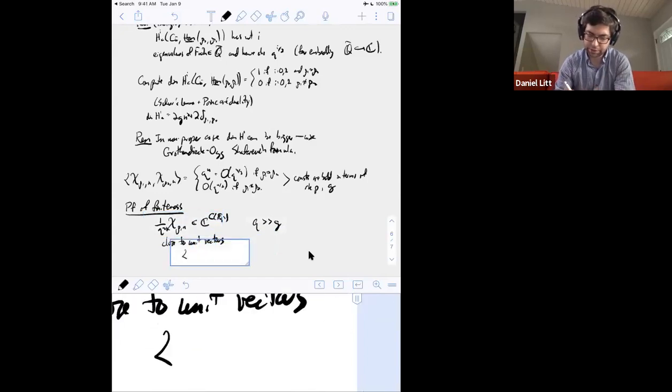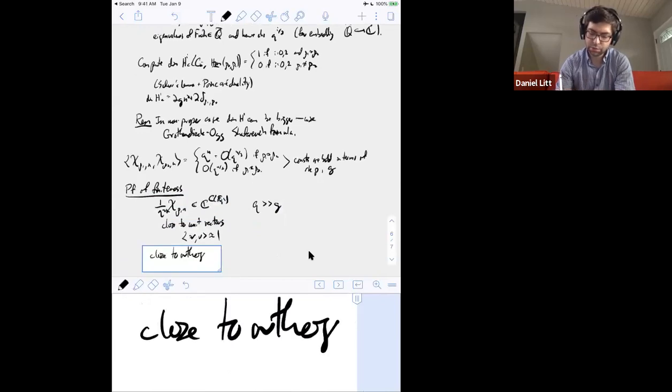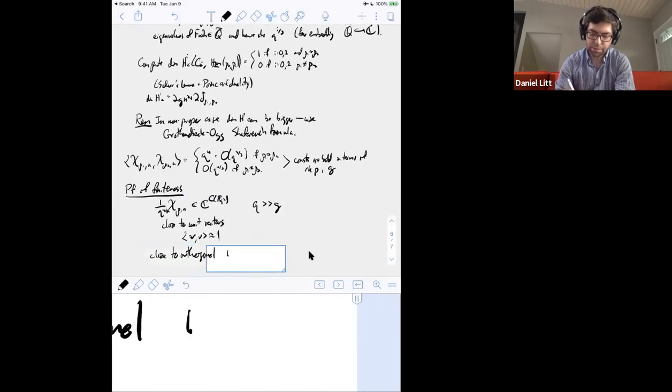That's because V,V is close to 1 by our estimate. And they're close to orthogonal, because, well, V,W is small.